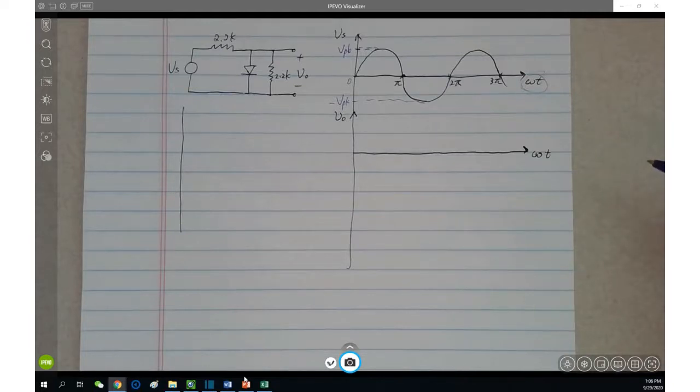Don't you find what VO would be at that particular time? Basically, yes. So the diode is on or off, only two states for a diode, therefore only two states for the circuit. So with the on state, what is the circuit? And then from that circuit, we go ahead to find V0.